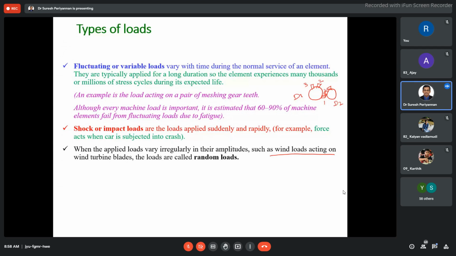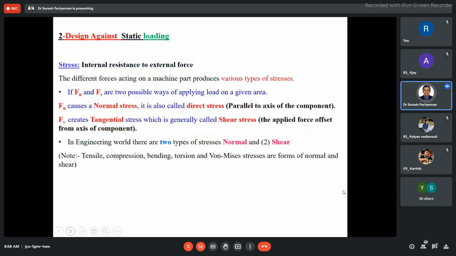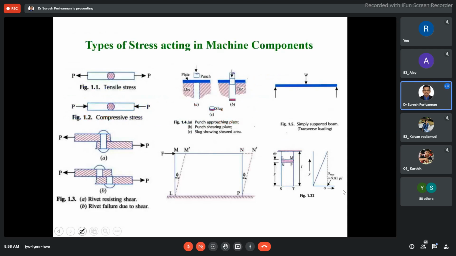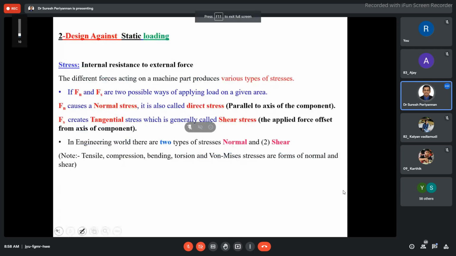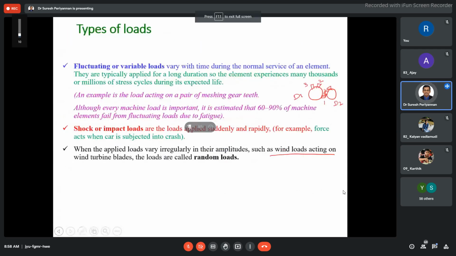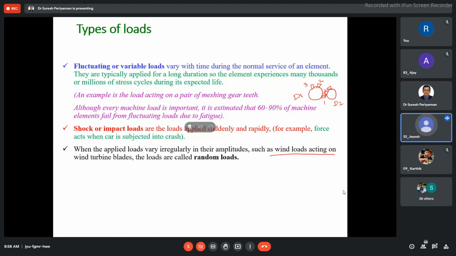So we discussed that. Now we move to the basics. Can you tell me what is stress? A very basic question. What is stress? The resistance offered by a material when a force is applied on it.